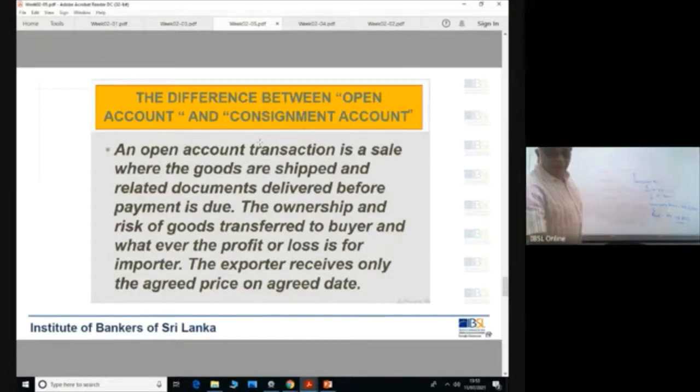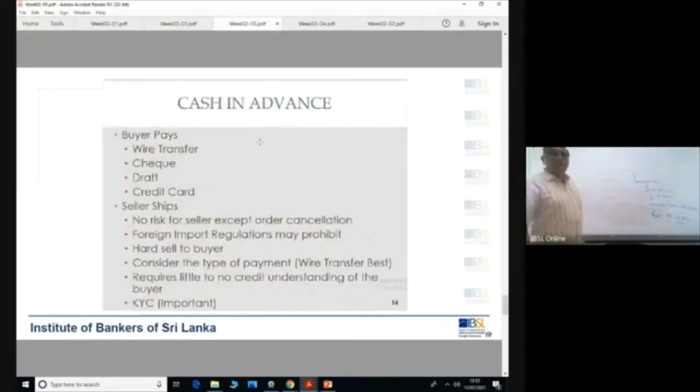Right. Cash in advance. That is advance payment. Here, what is happening? We have a buyer and a seller.